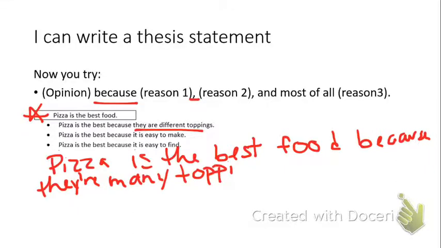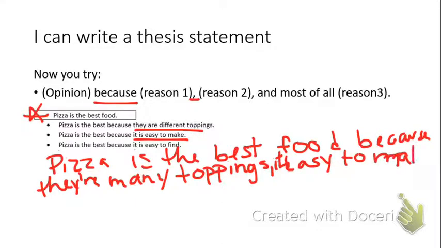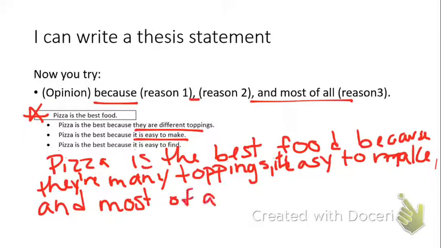You could say different as long as it's the same meaning. Comma, sorry, now I'm at reason two, easy to make. I'm going to put it's easy to make. Wow, my little pen here doesn't want to work. Easy to make, comma, and most of all. It's easy to find.